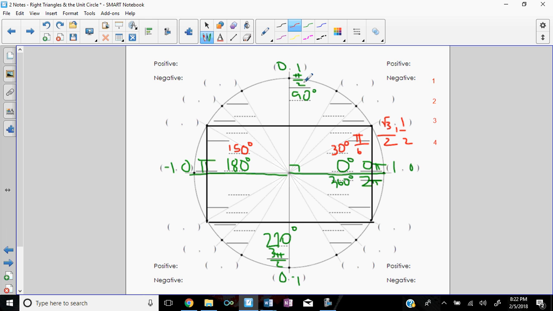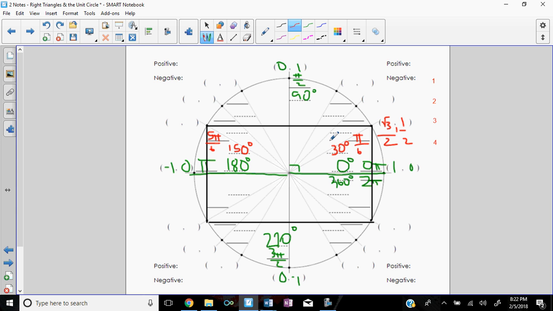And if I go another 30 degrees, that would be 4 pi over 6. And so this 30 degrees actually corresponds to 5 pi over 6. And if I were to go another pi over 6, I'd have 6 pi over 6, which reduces to pi. But again, if that doesn't make sense to you, simply multiply 150 times pi over 180, and it's going to reduce to 5 pi over 6.